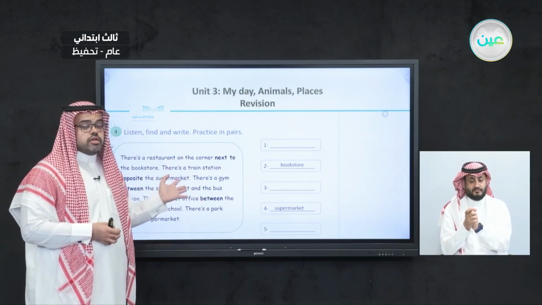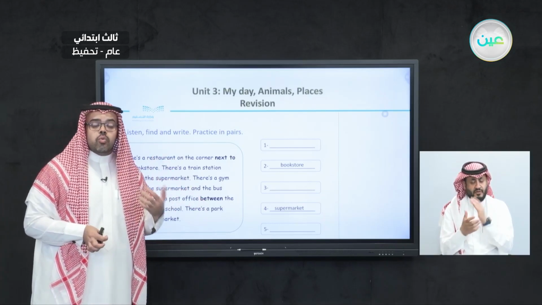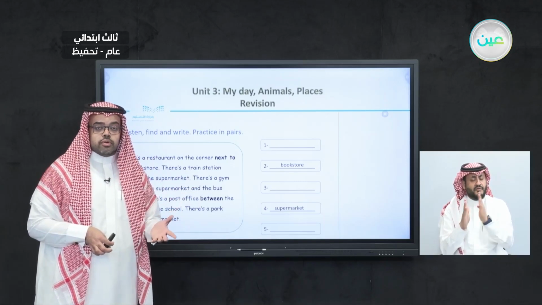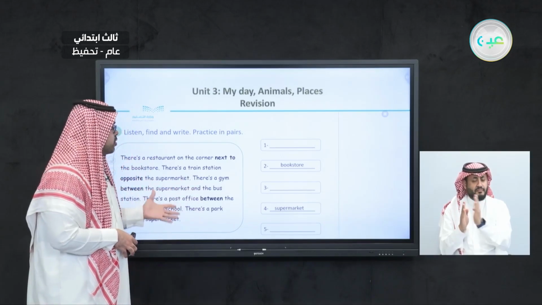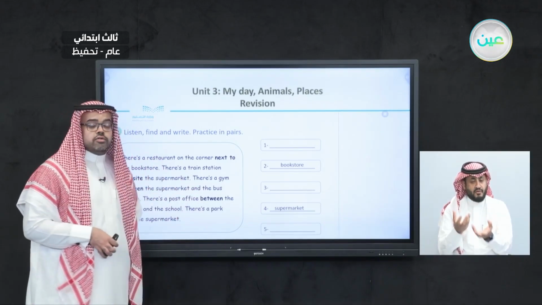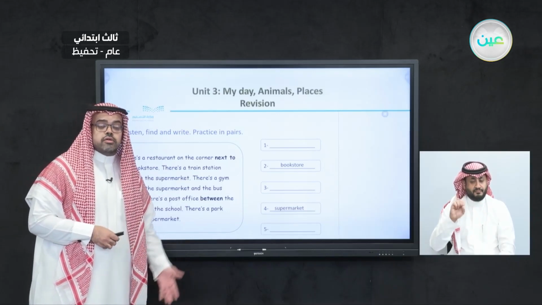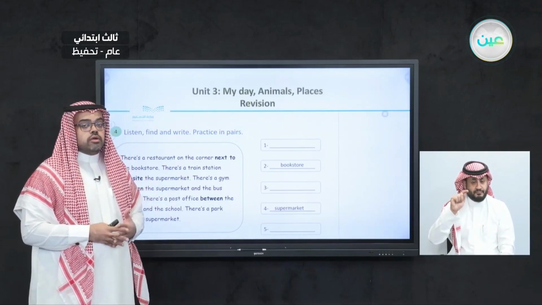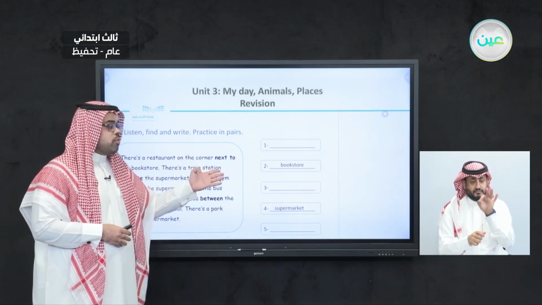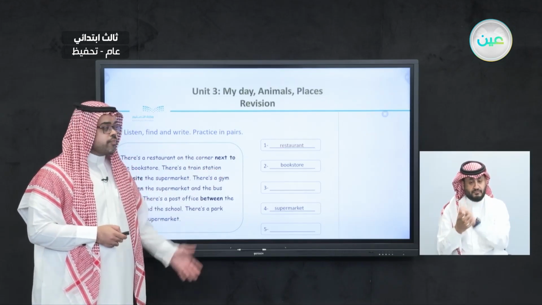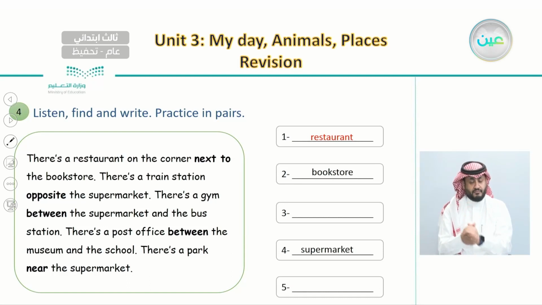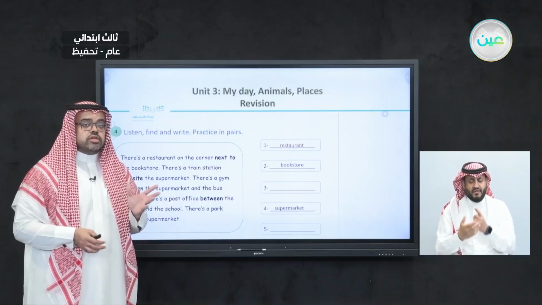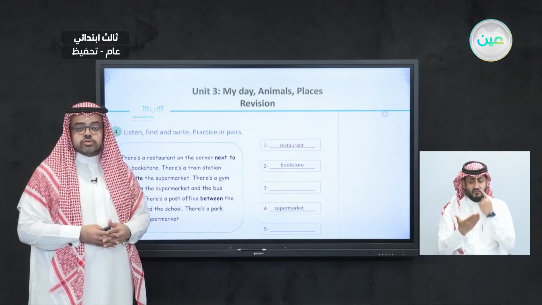So let's read the sentence again and see what is next to the bookstore. Next to the bookstore, there is a restaurant. So here we go to number 1 and we write a restaurant. We can also look at the town map in front of us.